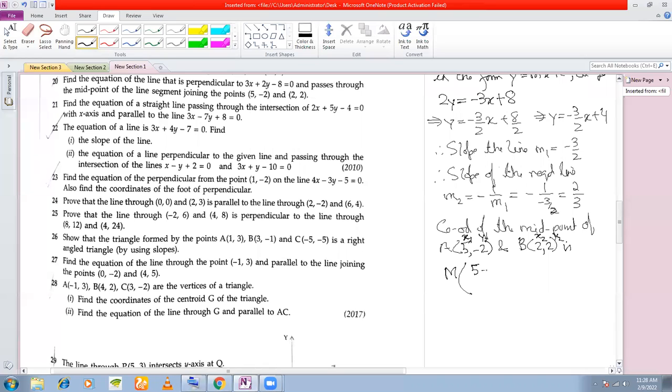So you have (5 plus 2) by 2 and (minus 2 plus 2) by 2. So the coordinates of the midpoint are (7 by 2, 0).